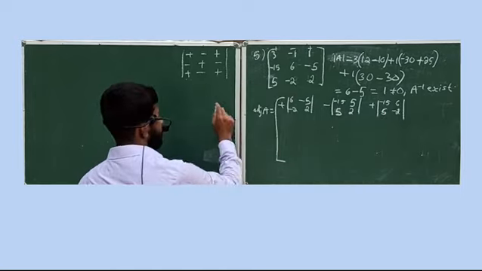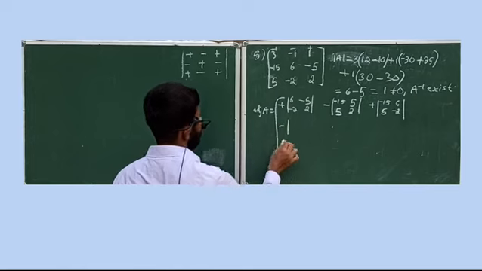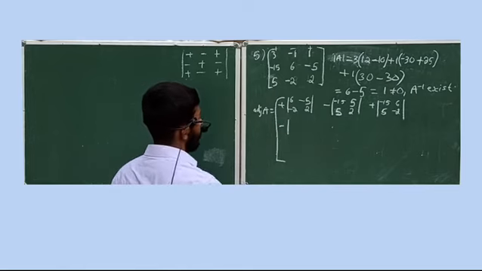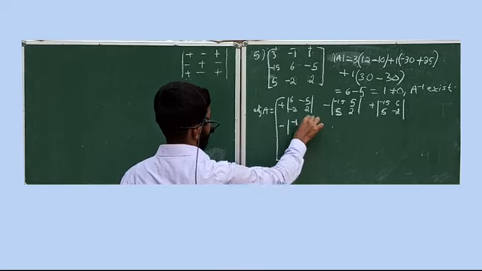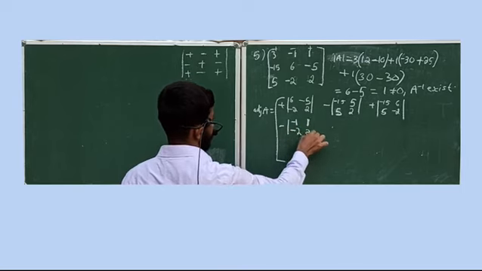Next minus determinant, delete the second row and the first column, minus 1 1 minus 2 2.